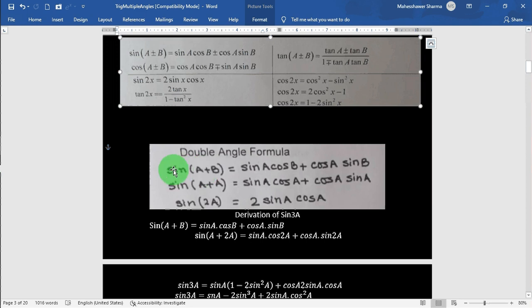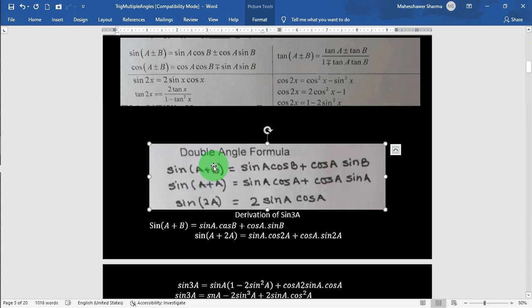First I am deriving the double angle, or we can say multiple angle, formula for sine. We have read sine a plus b equals sine a into cos b plus cos a into sine b.